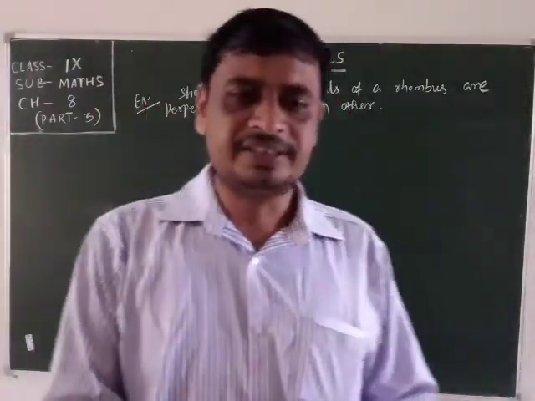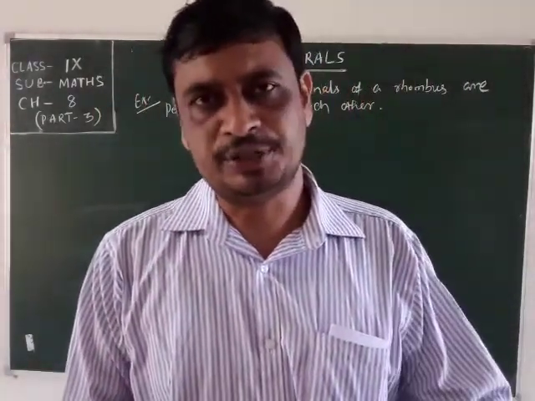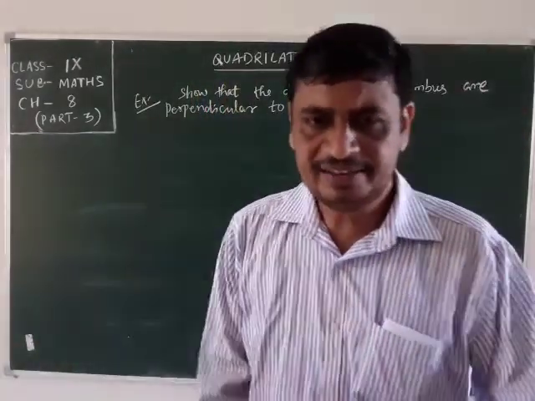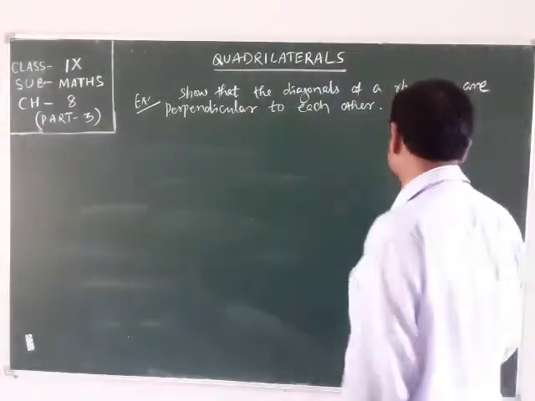We have to show that the diagonals are perpendicular to each other in the case of a rhombus. It is given a rhombus ABCD.